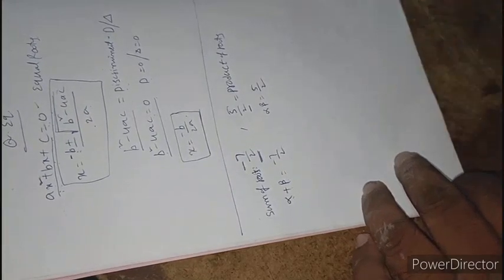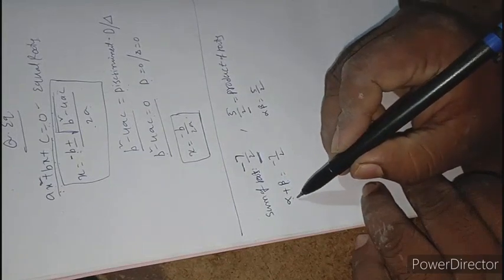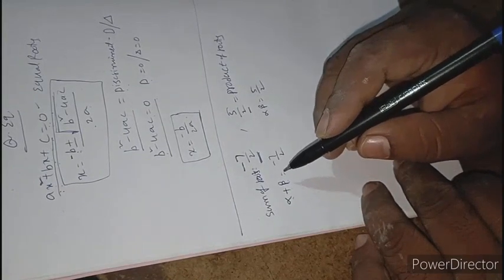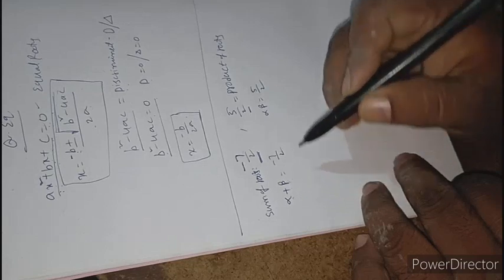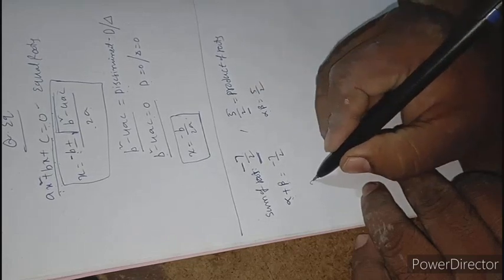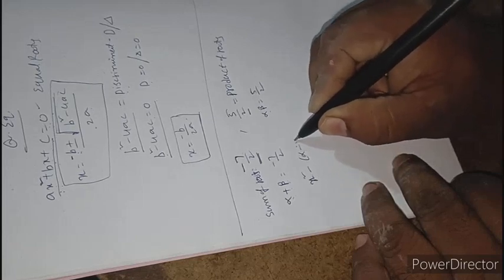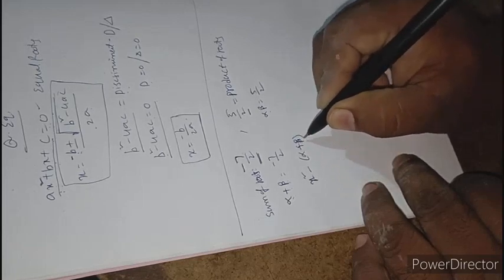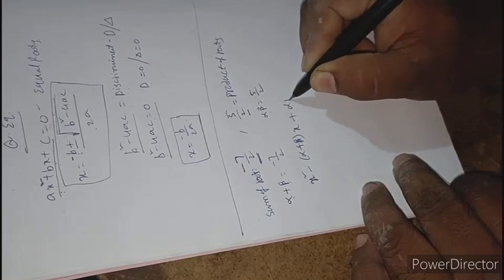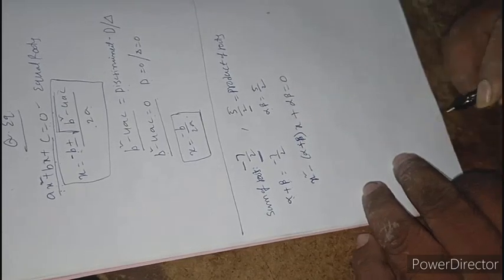Then the required quadratic equation when the sum and product of the roots are given is x square minus alpha plus beta into x plus alpha beta equals 0.